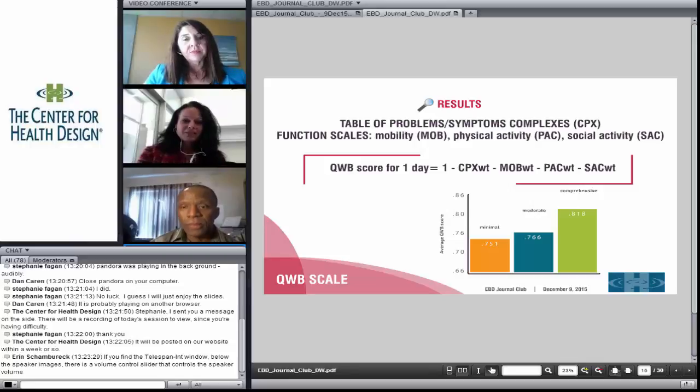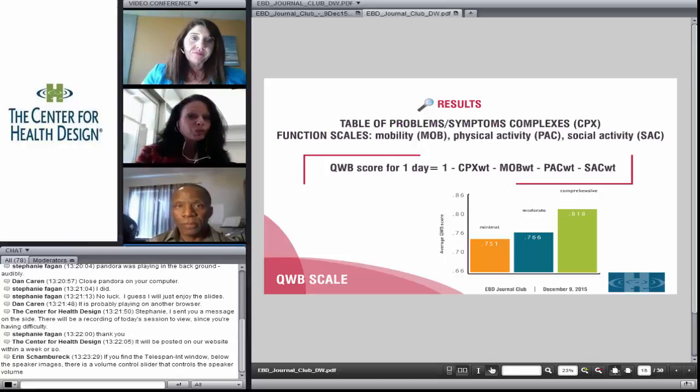And what I think is astounding is that this is exactly what we were seeing in the sites qualitatively. I could have told you qualitatively these jumps. And I think, again, that really is a testament to the sensitivity of the quality of well-being scale, but also that what we have been seeing qualitatively is really happening.